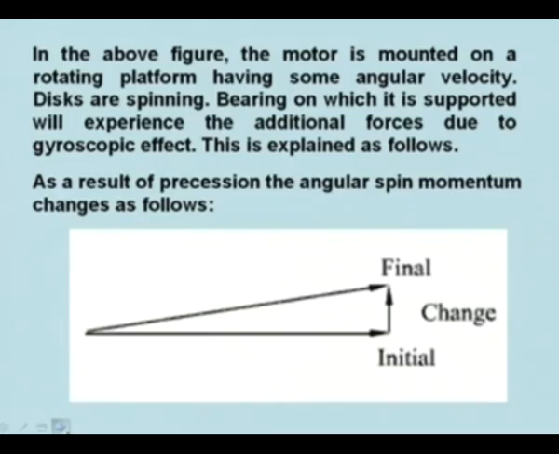This is explained as follows. As a result of precession, the angular spin momentum changes as follows. Initially, the situation is like this. You give a small change, and the final velocity is this.